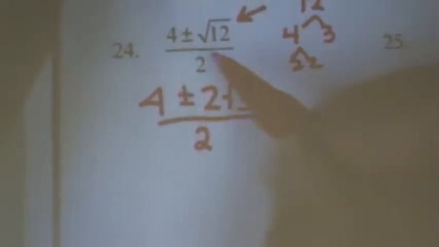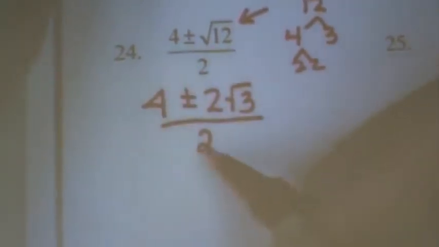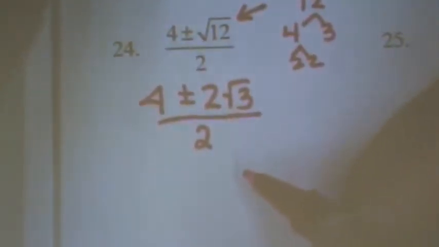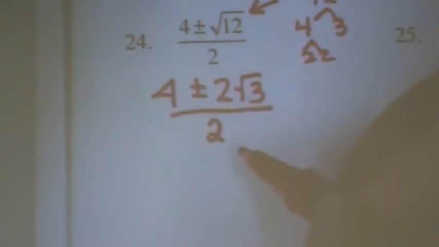Now, this is where you guys struggle, and I want to make sure, because when we do the quadratic formula, you get to this point and you do it right, and then you mess up the simplifying part, which is bad, because you did it all right, and then you mess up the answer. You can only cancel this 2 if it goes into both of these. Or you break it up.